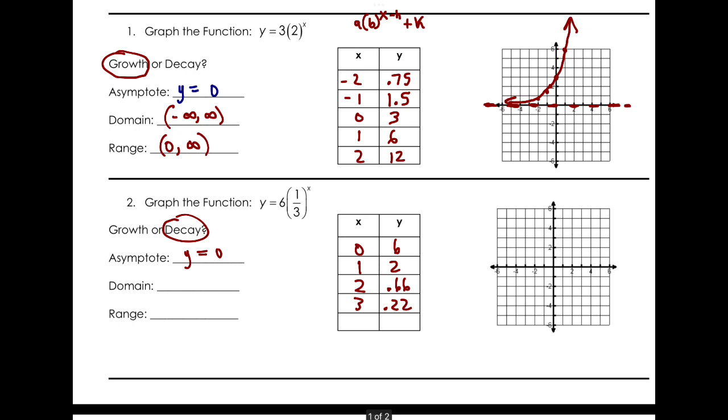So let's graph. First, let's draw our asymptote. Our asymptote is, again, right here at 0. It won't always be at 0, just today. There it is, your asymptote.